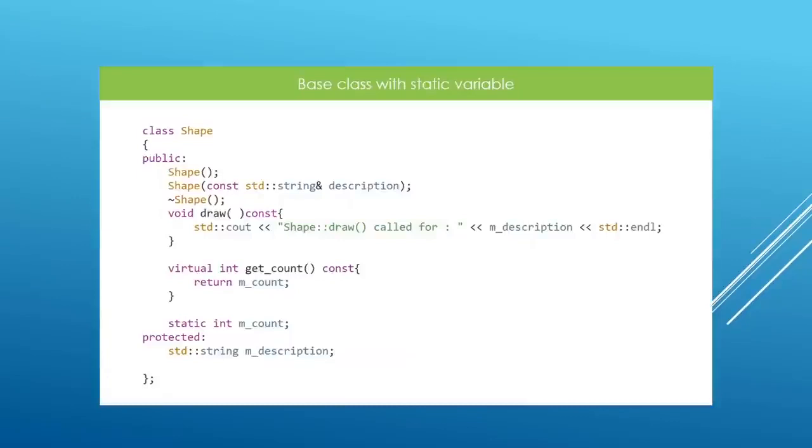So we're going to set up our base class as shape, as we said, and we're going to have one member variable, which is going to be our description here. We're going to have a constructor and a destructor, and we're going to have a default constructor, which is really not important here. But notice that we have a static member, which is called mCount.